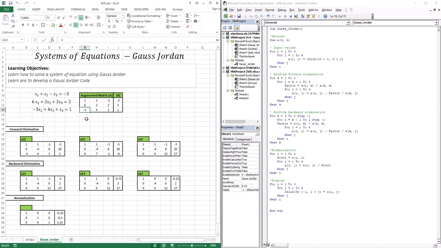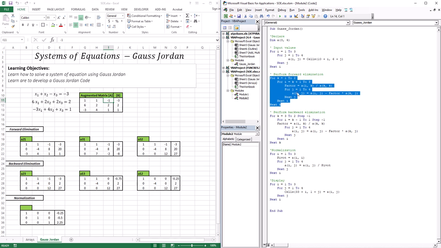And also to create the 0 down here, it's this number minus the factor times this number, and you kind of get the idea. So this is to recap what forward elimination does.